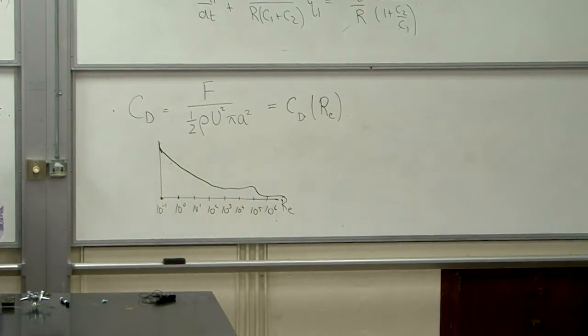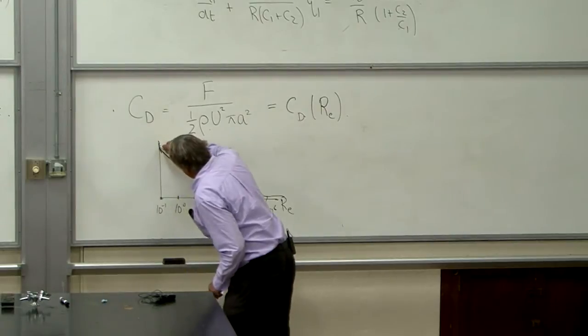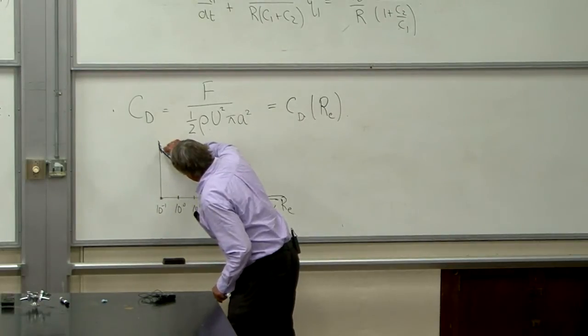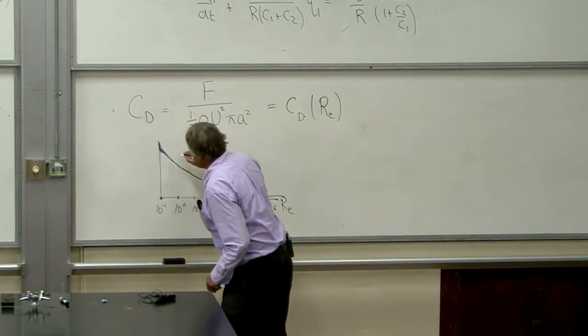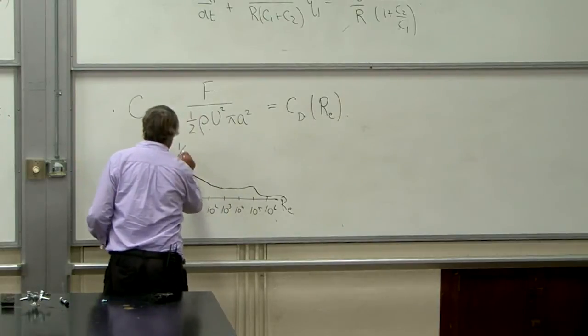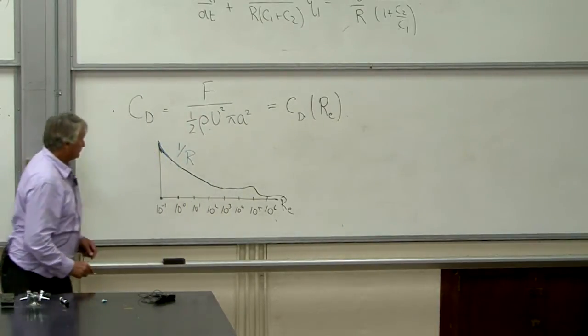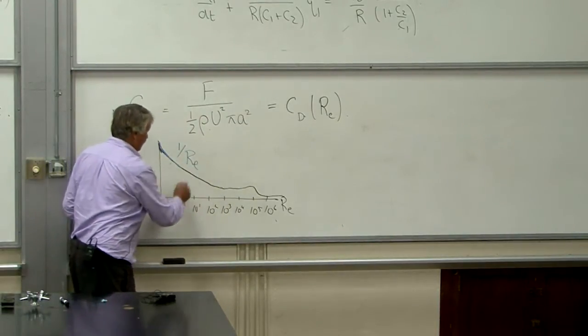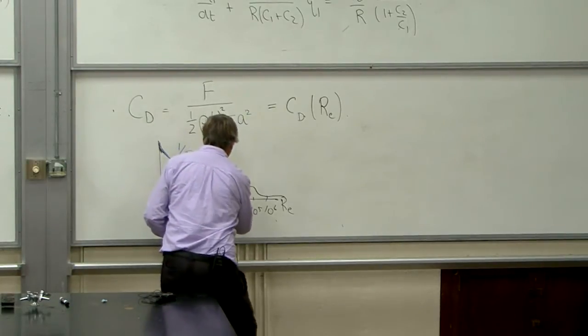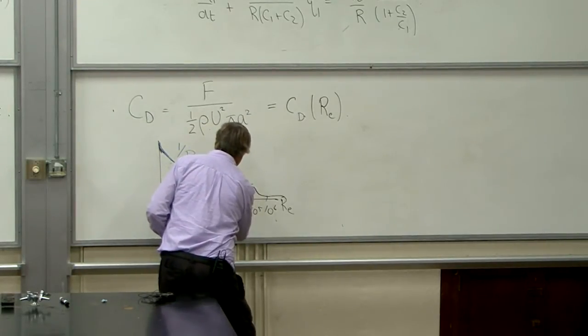So now I'm going to draw it in pieces. This bit here is very much like 1 over r, 1 over the Reynolds number, 1 over Re. This bit is almost constant, almost flat.